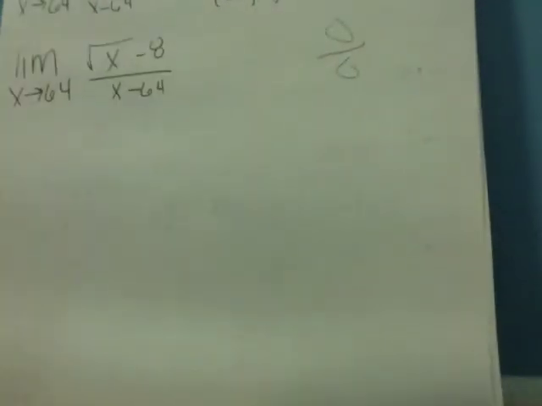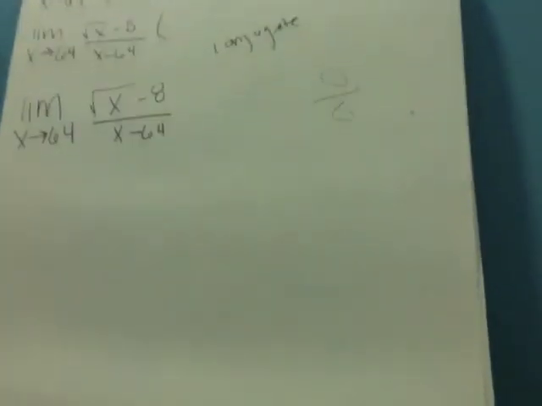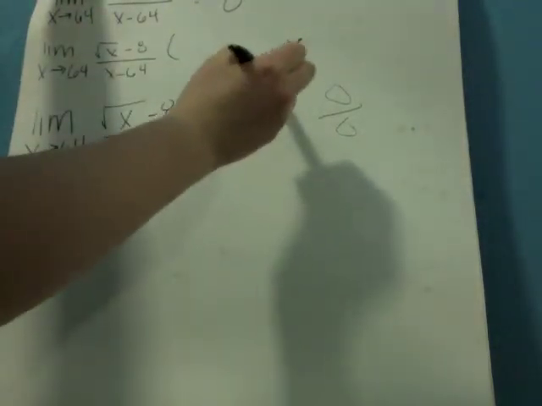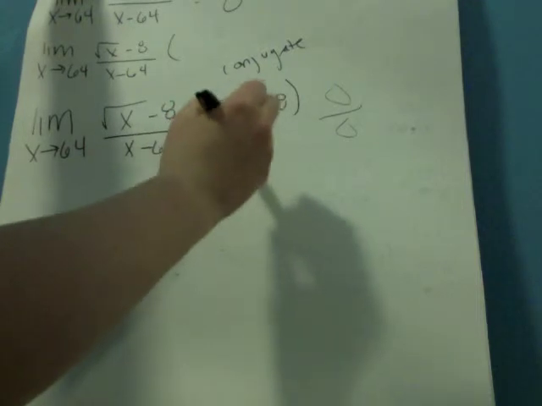To do this, you have to multiply the top and bottom by the square root of x, which is the beginning part, but we're going to change the sign. So plus 8. Same to the bottom.